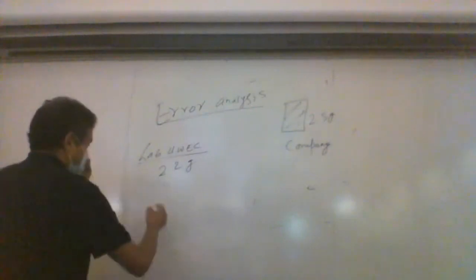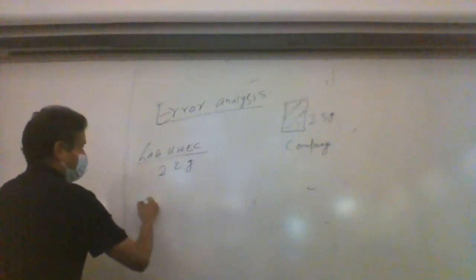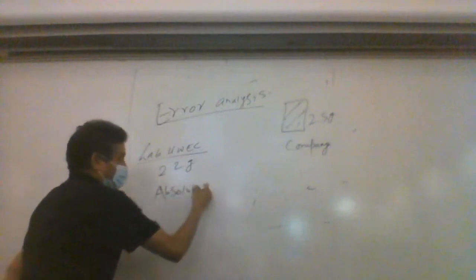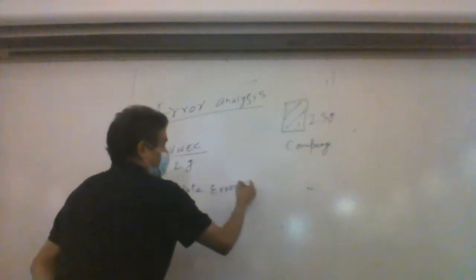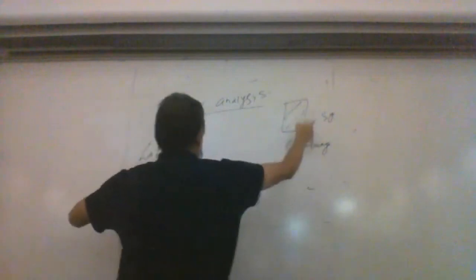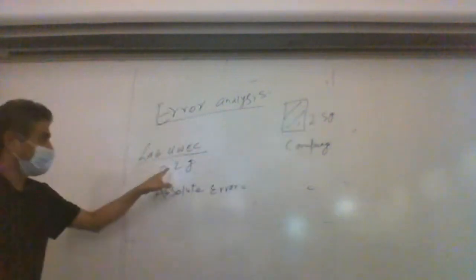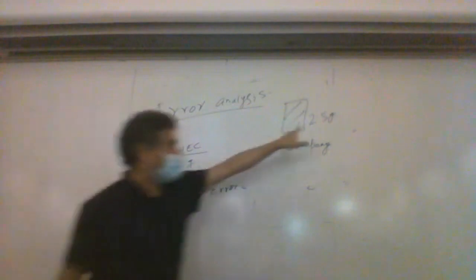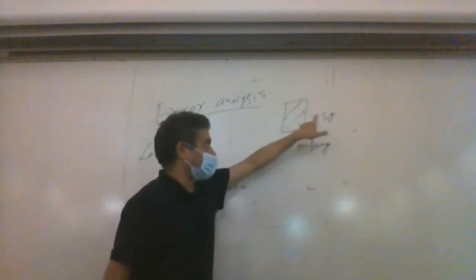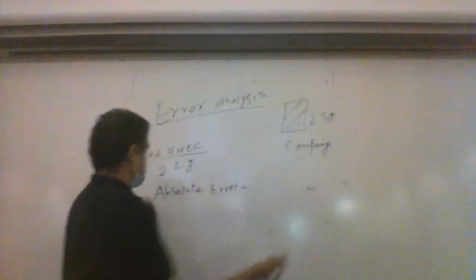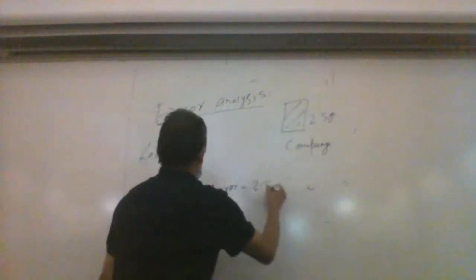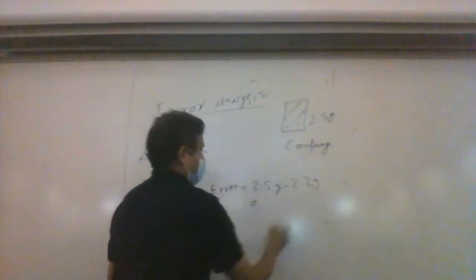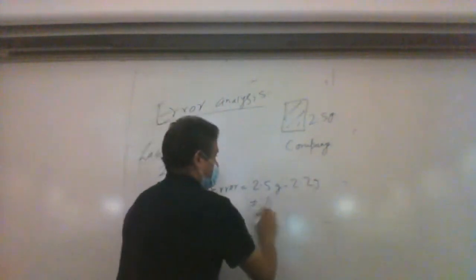I have two things to do here. One is absolute error. Absolute error is just taking the bigger value and subtracting the smaller value. So 2.5 gram minus 2.2 gram is equal to 0.3 gram.